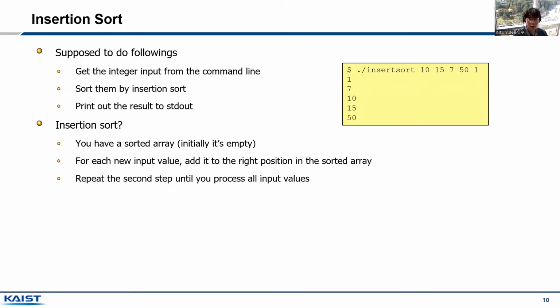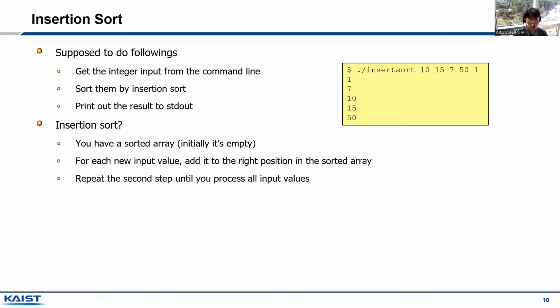I want to tell you what the insertion sort algorithm does. It is an iterative algorithm. Let's assume you have an already sorted array. Initially, if an array is empty, it is already sorted.